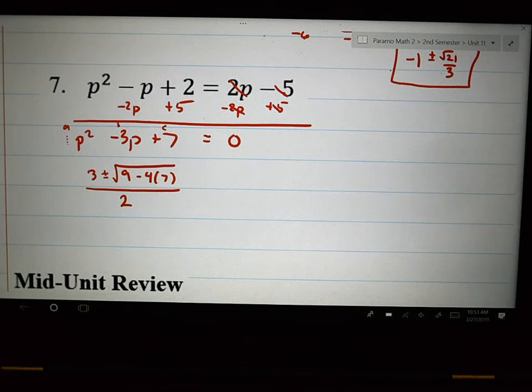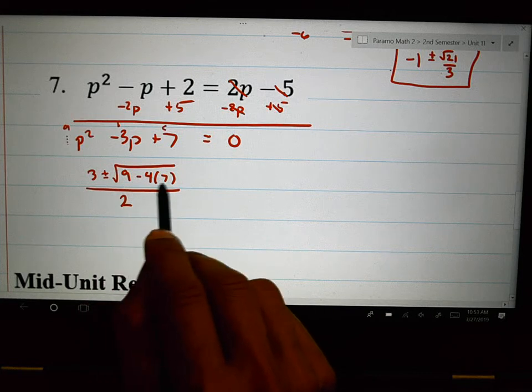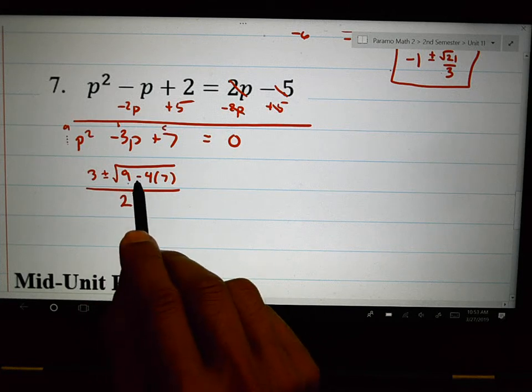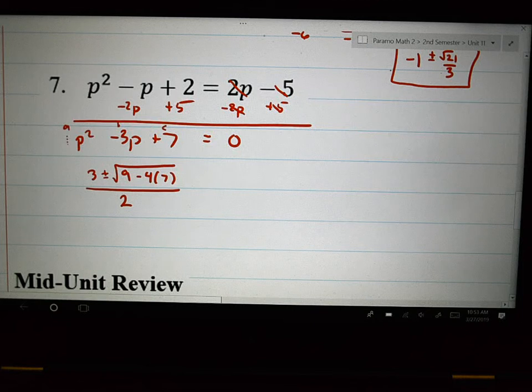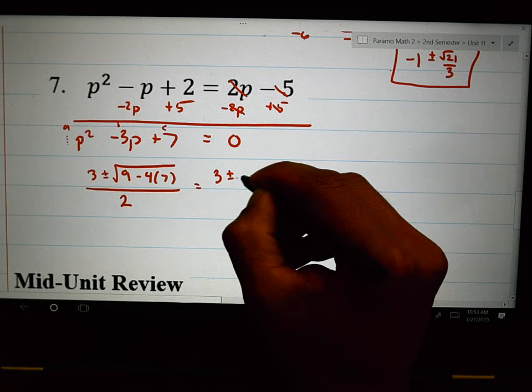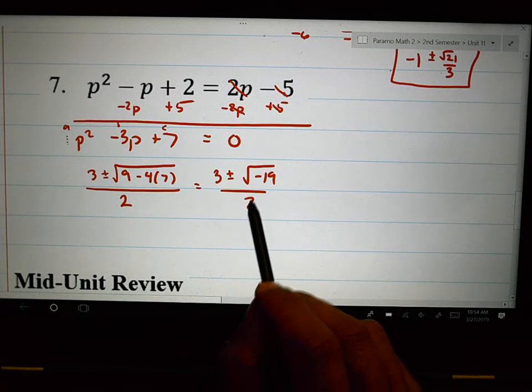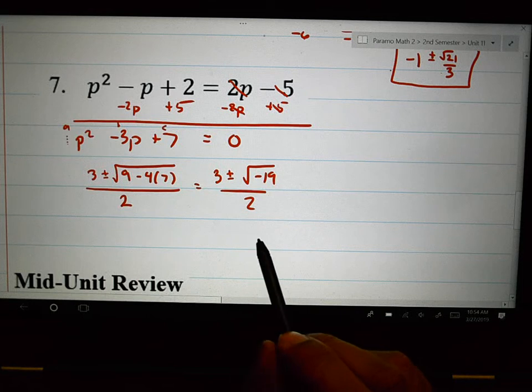Now what's interesting about this problem is this. 9 take away 4 times 7. 9 minus 28. 9 minus 28, guess what that is? That's negative 19. Earlier I told you you can't square root a negative unless you use an imaginary number.